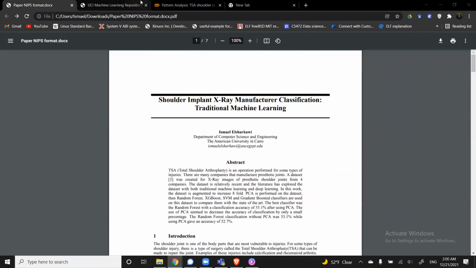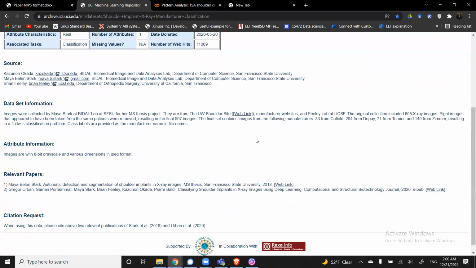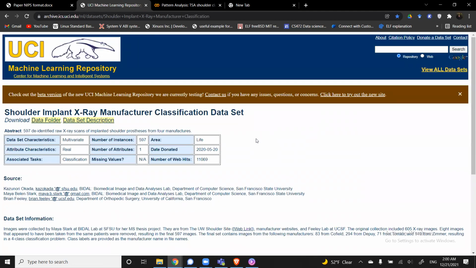A novel data set was introduced in 2020 specifically for this problem, and it is available on the UCI machine learning repository. In fact, the purpose of this data set is not to classify the presence or absence of a prosthetic joint, but to classify the manufacturer of the prosthetic joint.